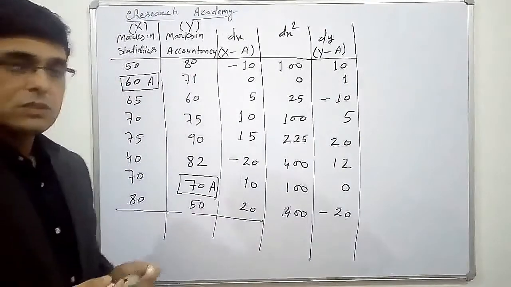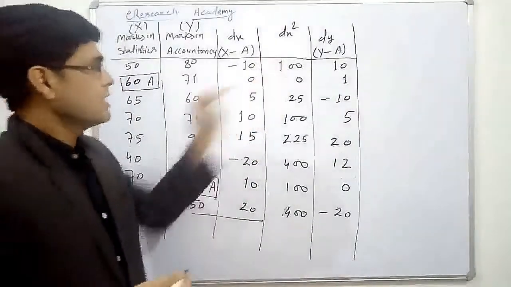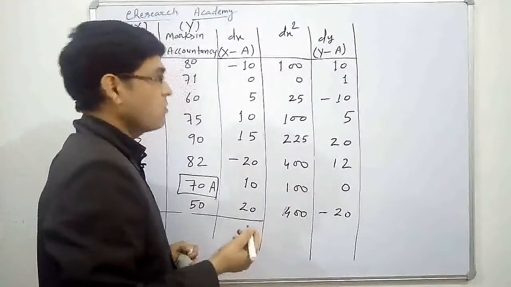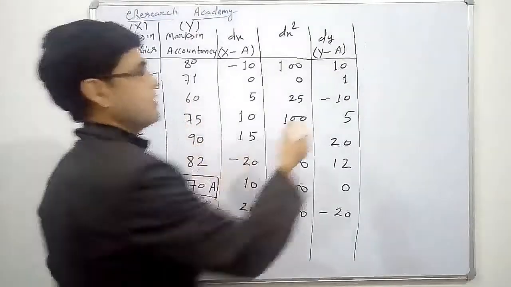So these are your dy values, the deviations in the Y series from the assumed mean.